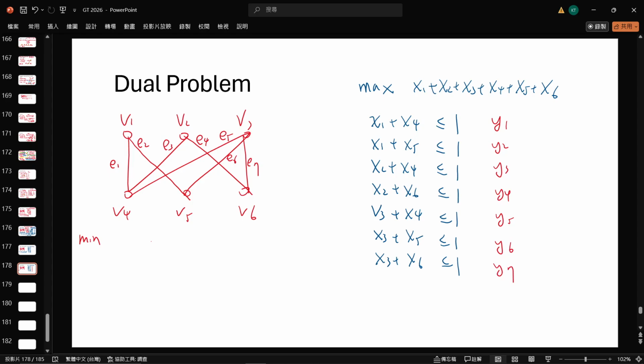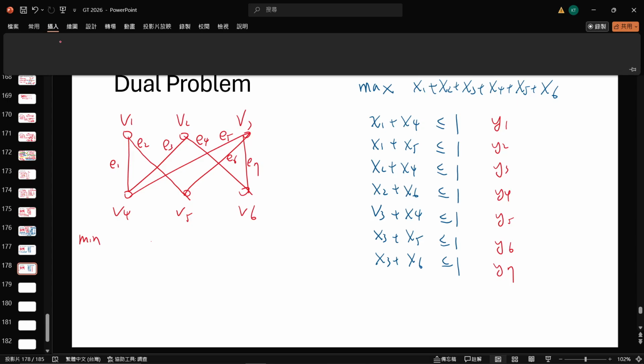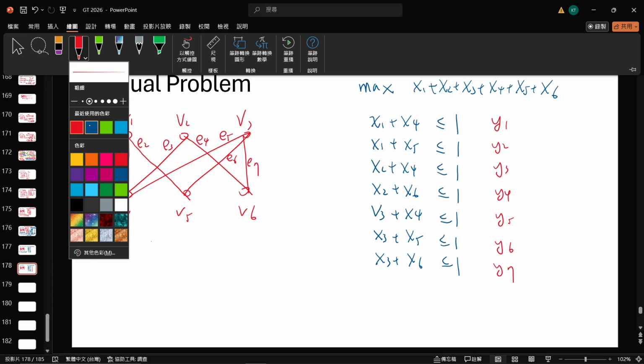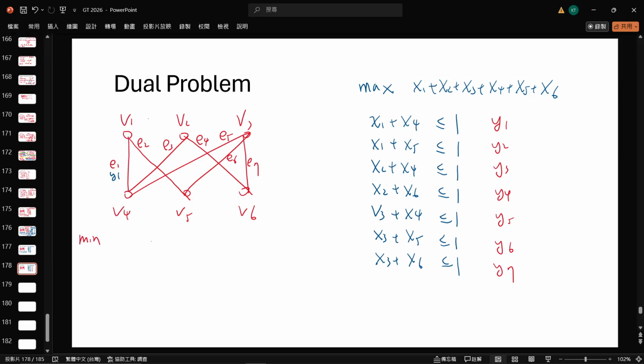And recall that in the primal problem, we have a constraint for every edge. So this means we have a dual variable for every edge. So this time, I write the dual variables alongside the edges.